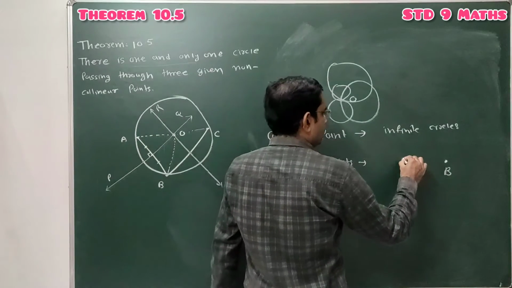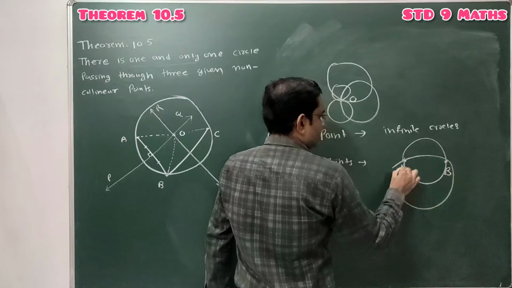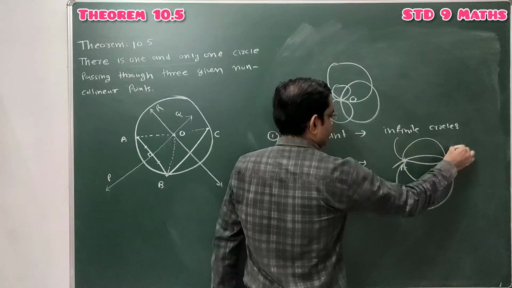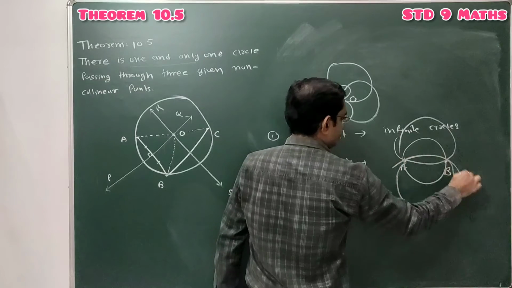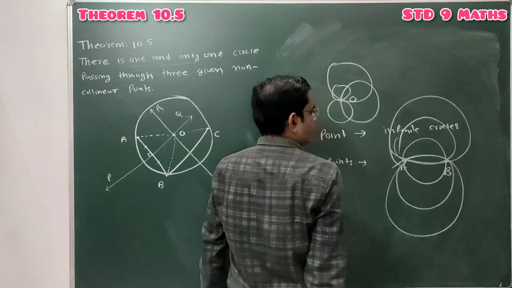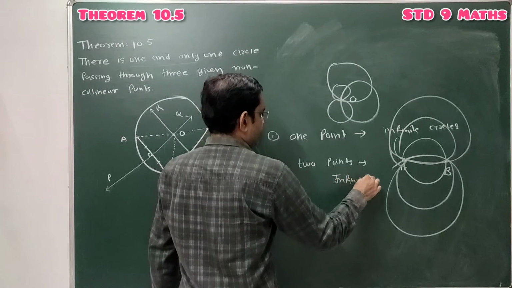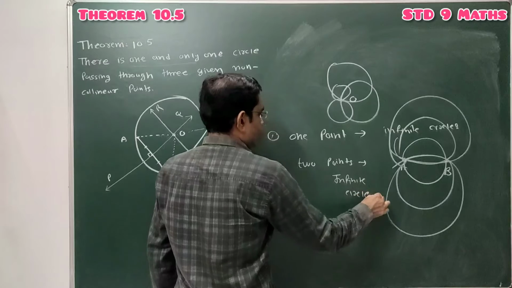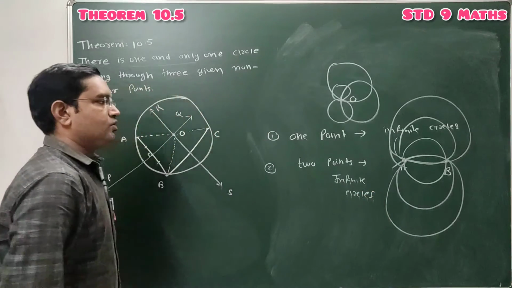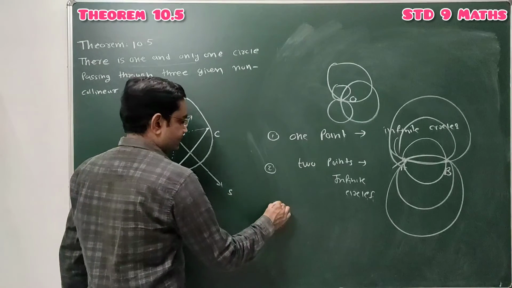How many? 1 circle, 2 circles, 3, 4, 5, or you can say infinite circles. So infinite circles can pass through given 2 points in a plane. Now what about 3 points?